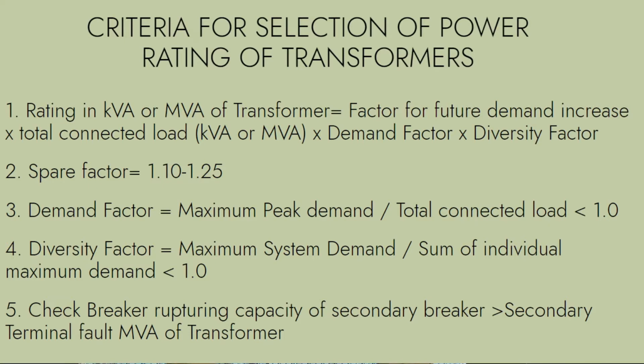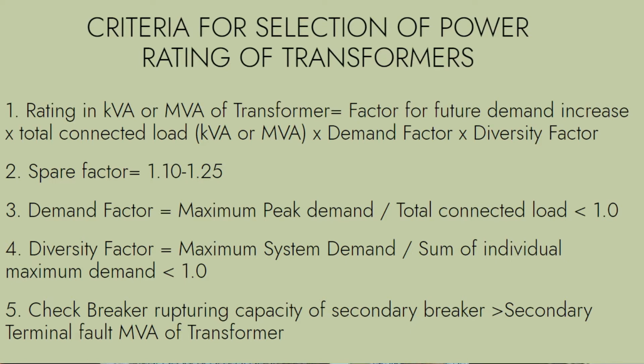Think of the total connected load to the transformer, and then also provide a margin for the extra demand that may come in the coming years. This may be 10 to 25% more, and this is then multiplied by the demand factor and diversity factor.